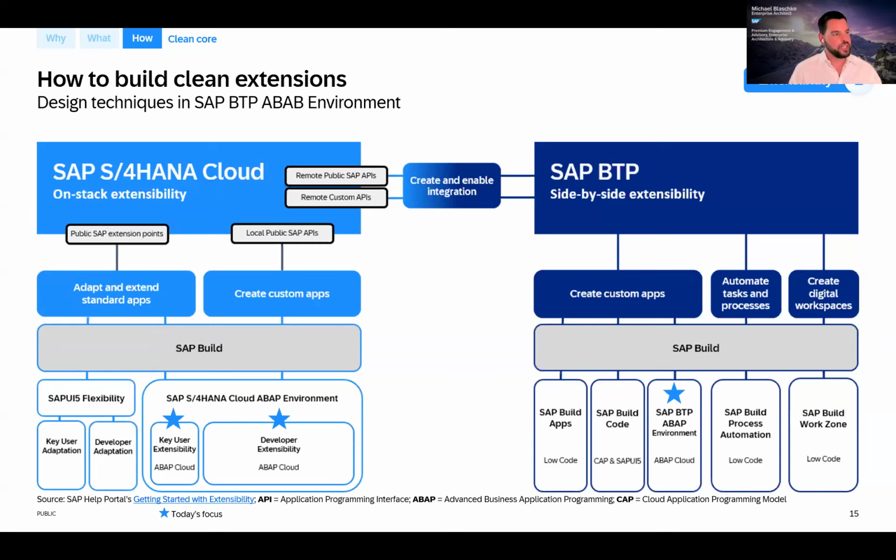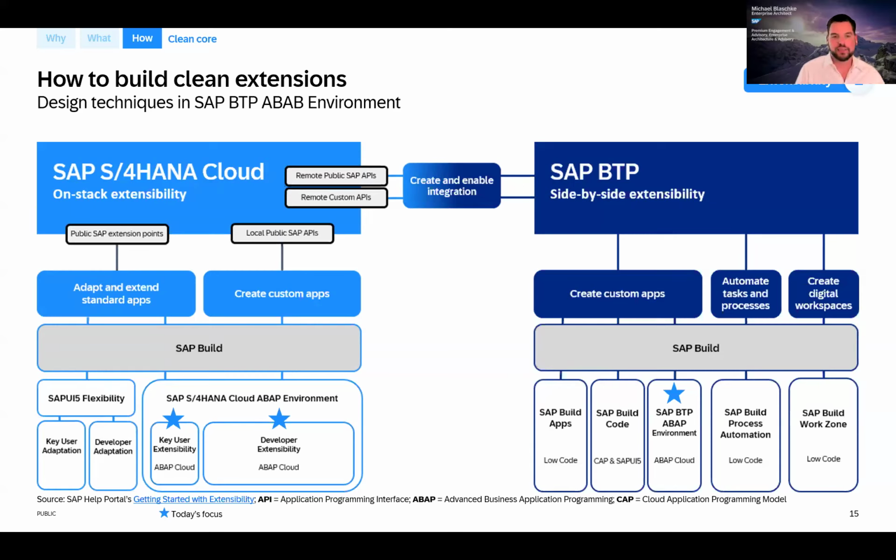And then, still within the realm of on-stack extensibility, I move to our second star. So we remain in the ABAP cloud environment, but move from key users to now developers. Developer extensibility uses the ABAP cloud environment, and it is designed for more complex development projects requiring proximity to SAP S/4HANA data and transactions.